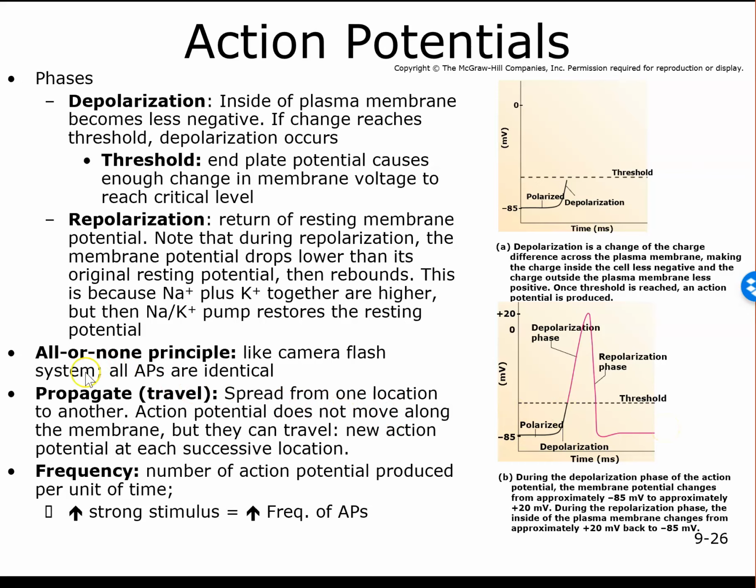We'll also use this term called propagate, or travel, as I describe how we transmit the action potential from the nerve to the muscle cell in order to get it to contract.